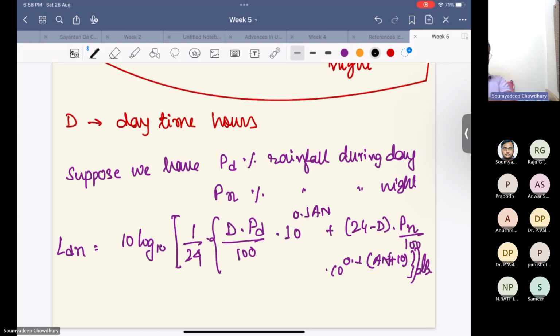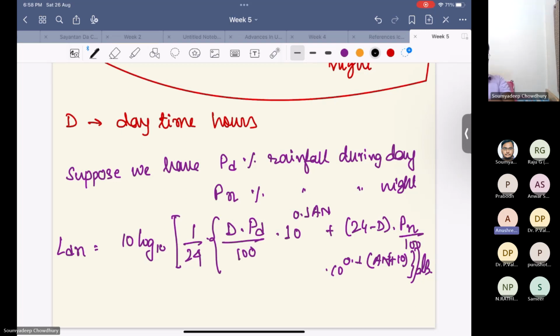Anushri, can you tell how you will proceed to find the combined audible noise? Sir, it comes to 59.49. How did you get it?